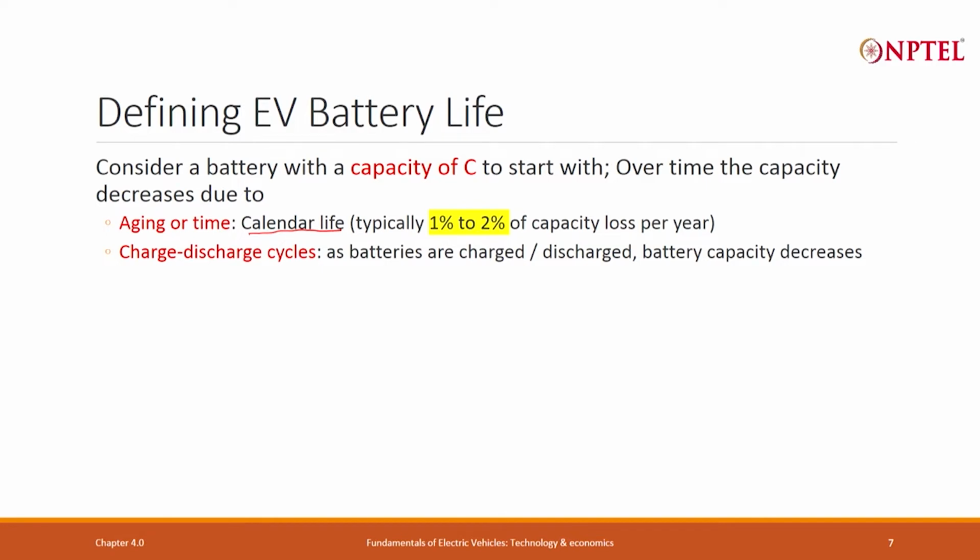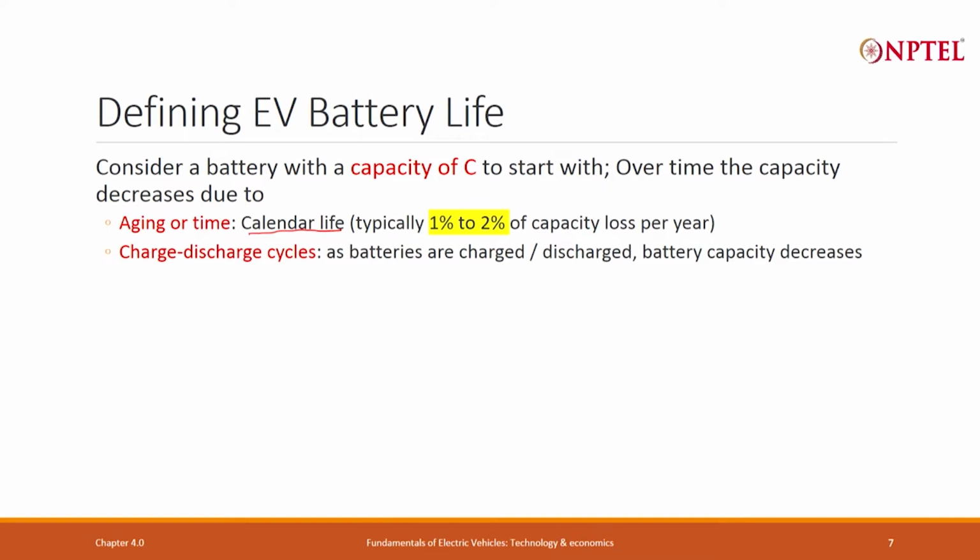I had talked about how the capacity of the battery is affected, and we said there are two important parameters that impact the capacity of the battery. One is aging with time. As time goes on, the battery capacity will slightly deteriorate, not too much, maybe 1% a year, maybe even less, but if you leave the battery, it will deteriorate.